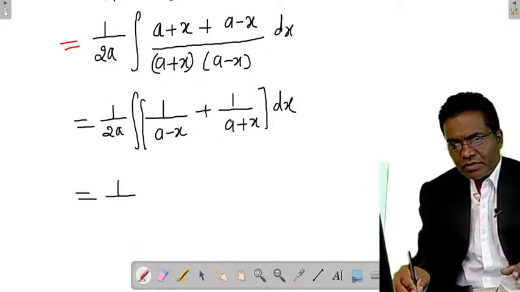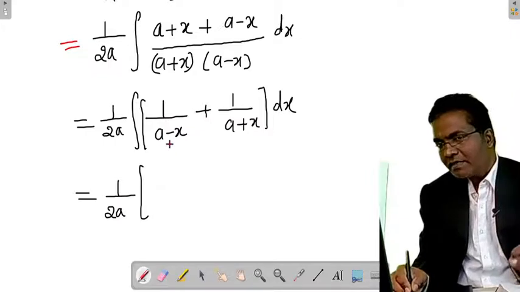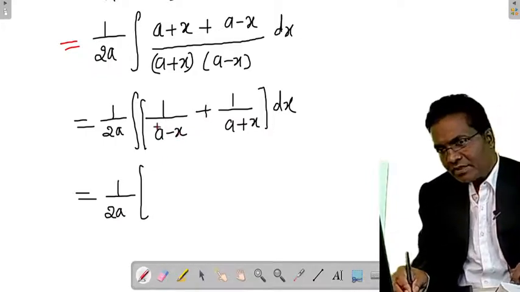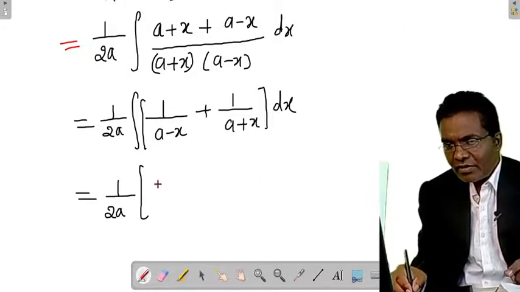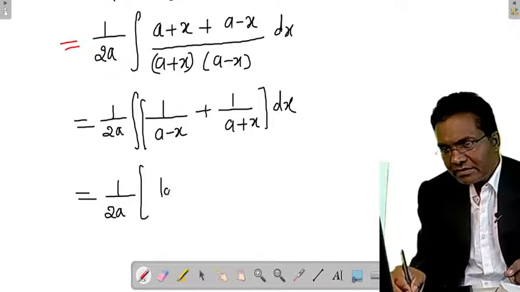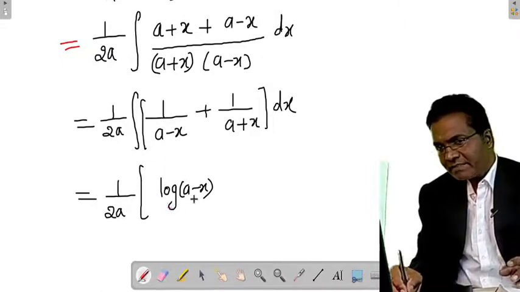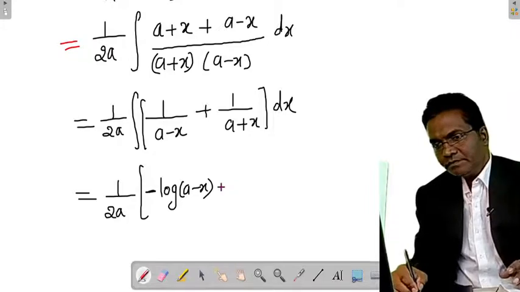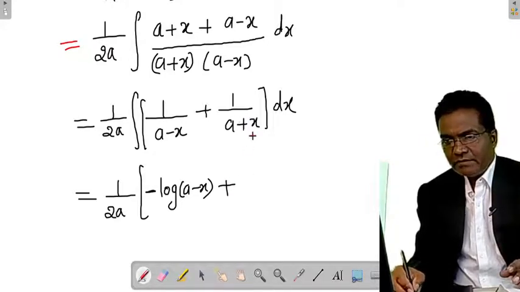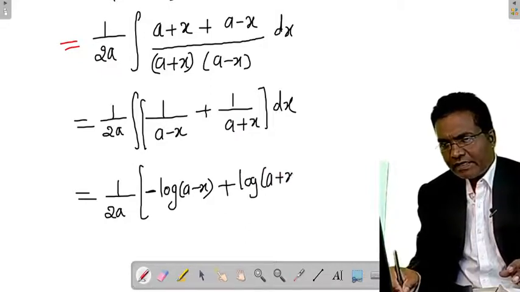Now which is equal to 1 by 2a, carefully remember this: integration of 1 by a minus x. What is the derivative of this? Derivative of this is minus 1. So in order to write its integration, you need to multiply and divide by minus 1, or you can write integration as log of a minus x, where the coefficient of x is minus 1. Plus, integration of 1 by a plus x is log of a plus x.